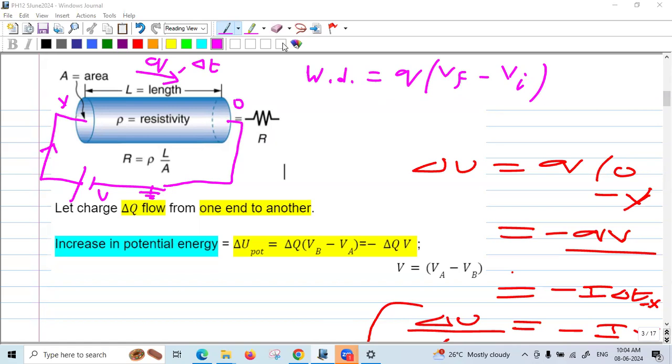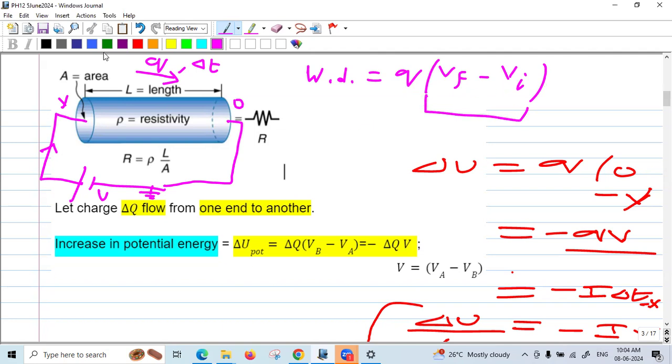It's actually done in the second chapter, I think. Okay, it basically comes from the definition of potential, which is work done to move 1 coulomb from infinity to that point. So the work done to move 2 coulombs will be 2 times that. So this is the work done to move the charge from the initial point to the final point for 1 coulomb. The work done to move 2 coulombs will be 2 times this one.